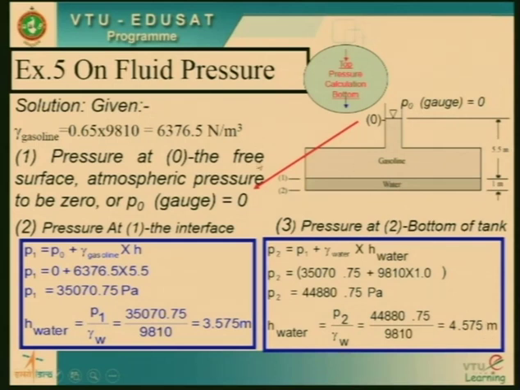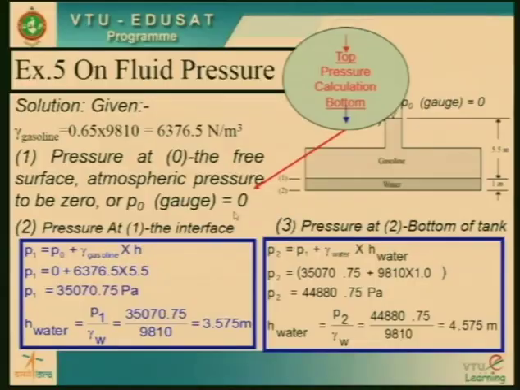So, this question has added one more angle as compared to the previous one. In the previous one we added the absolute pressure concept. Okay? The previous one was straightforward. Now, we can express the answer in terms of water head. Is it okay? Let us take the next problem.